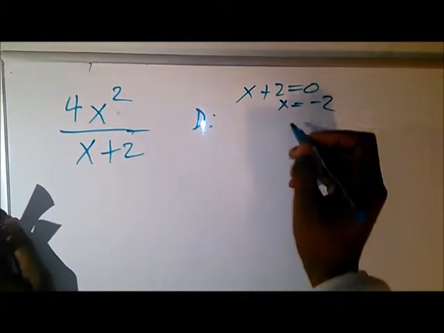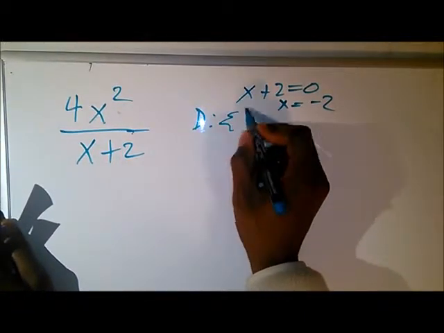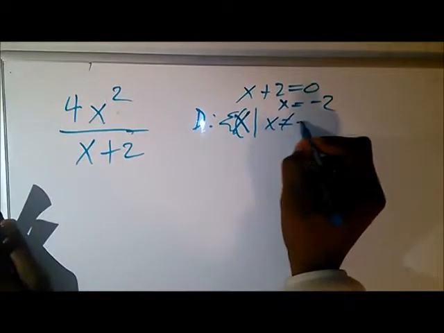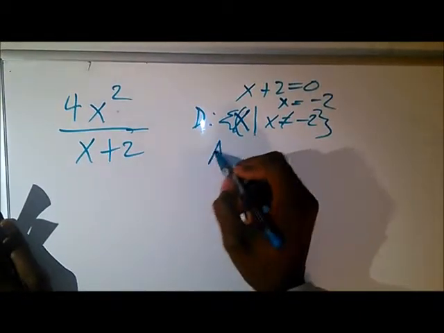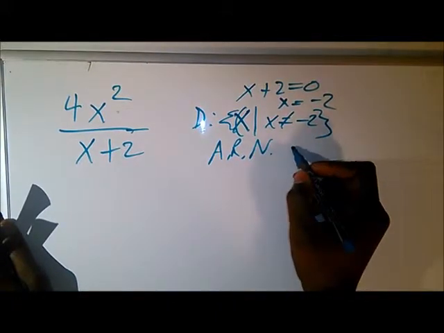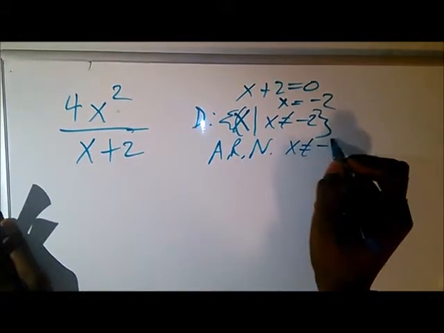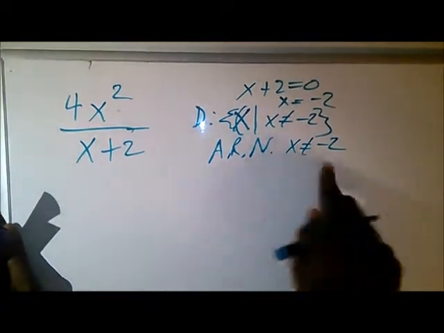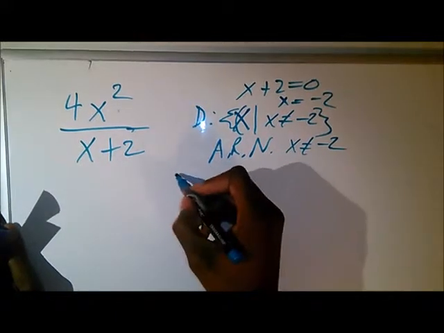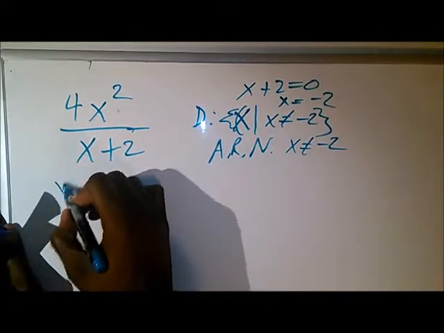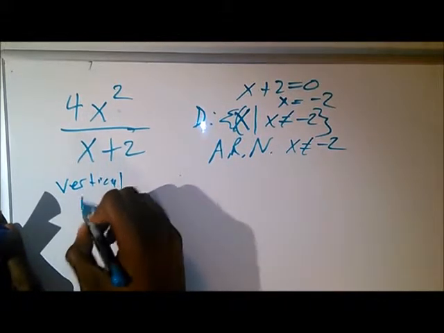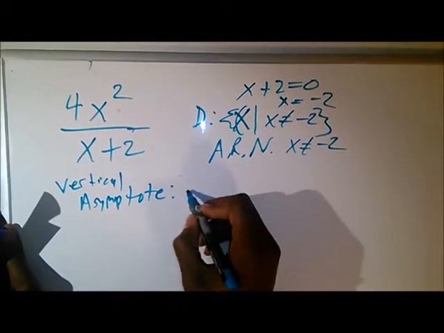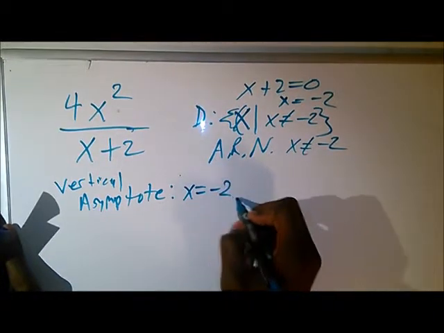That's a root, so we don't want that. So the domain is all real numbers except -2. That leftover in the denominator is going to be our vertical asymptote. So our vertical asymptote is x equals -2.